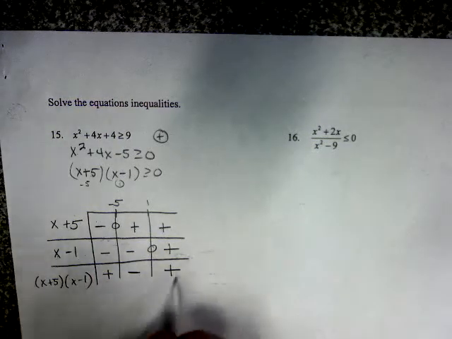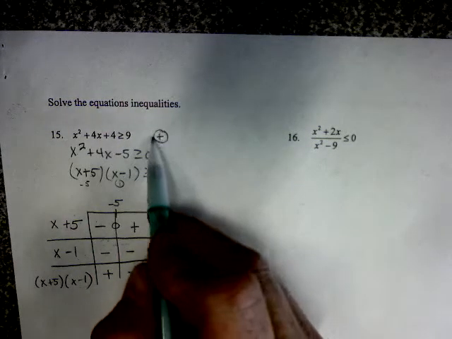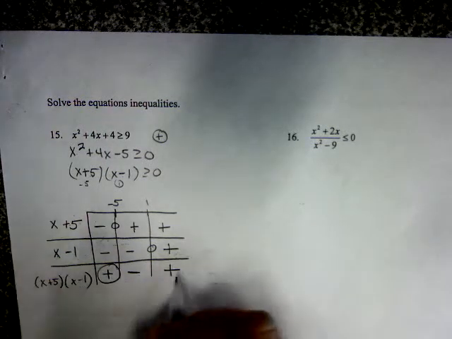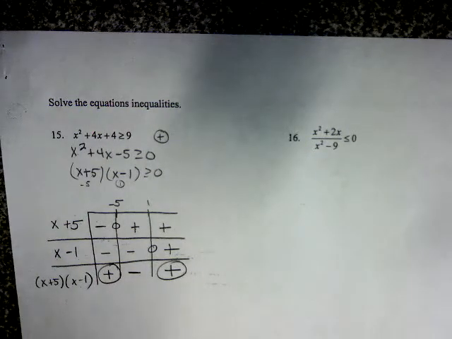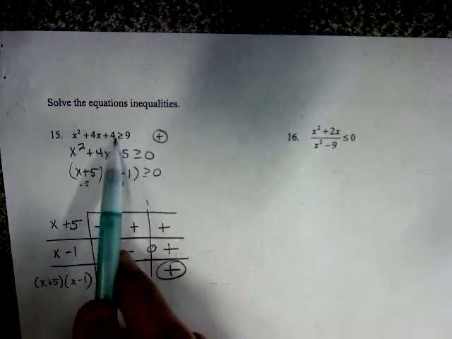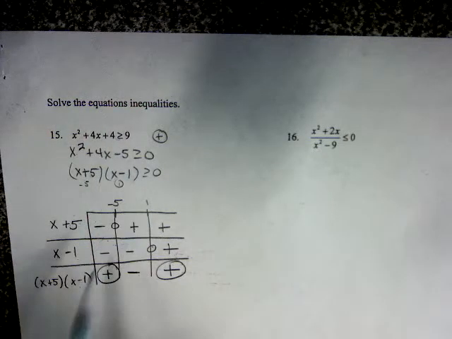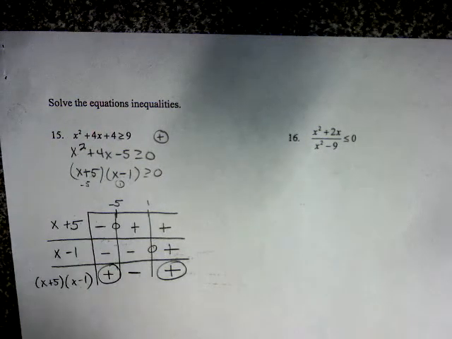Now these are the signs for the solution. We need our solution to be greater than 0, so that's positive. So I need this and this interval for our solutions. Now we need to go back and look at our sign. It can be equal to the 0 because it's greater than or equal to, so the negative 5 and the 1 can be in the solution.